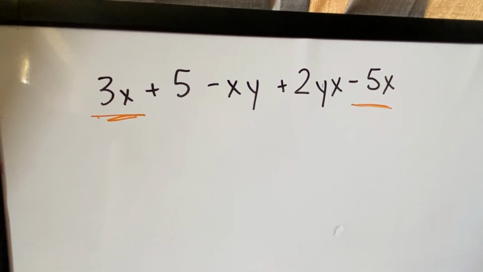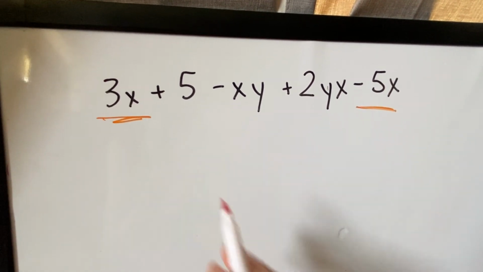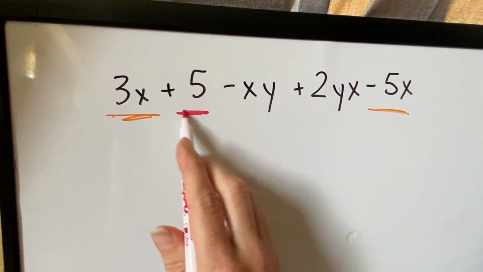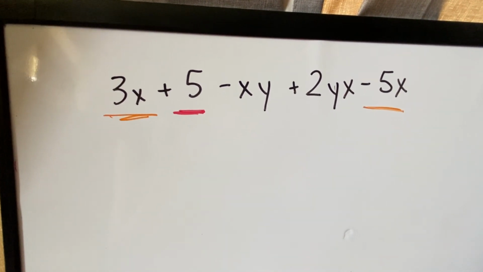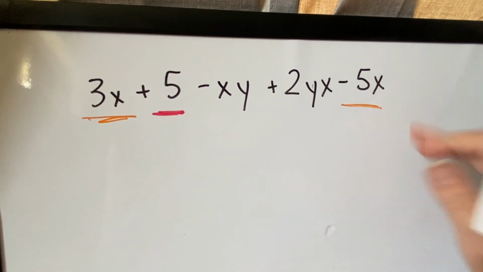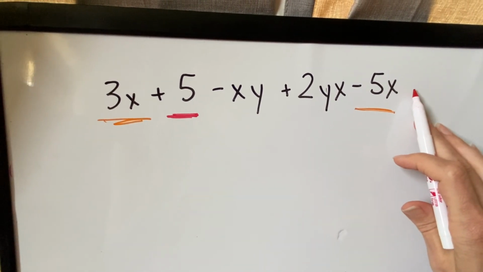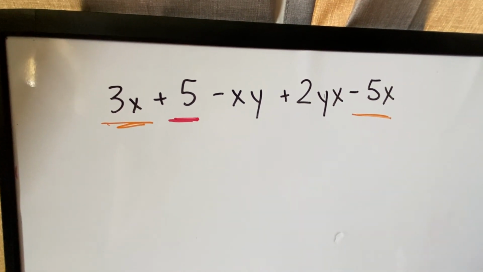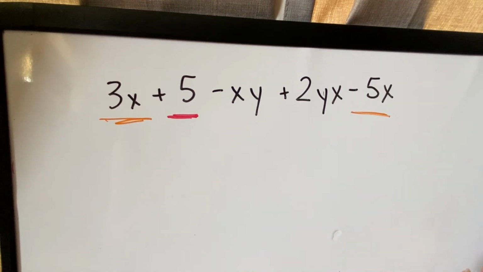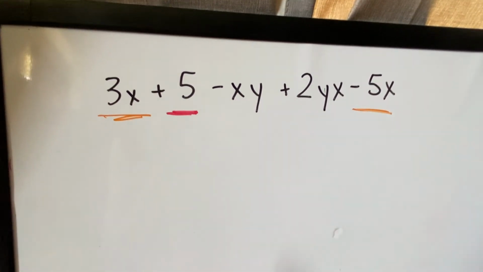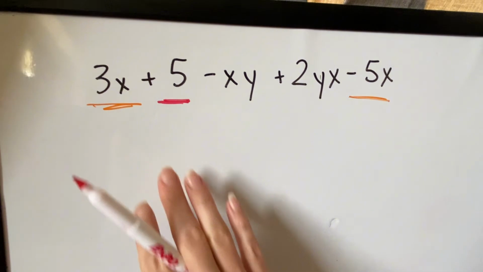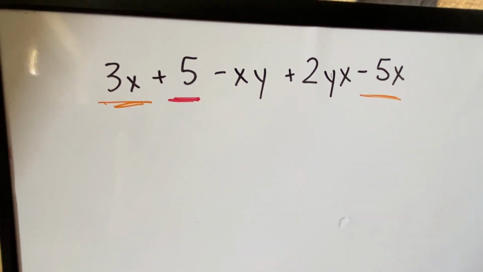Now we have just a numerical coefficient, this number right there by itself. If you would have had a +1 over here or -6 or something like that, then I would have marked that as another like term to this 5, but there isn't anything else. Everything else has variables with it. So this is the only term that's like this.